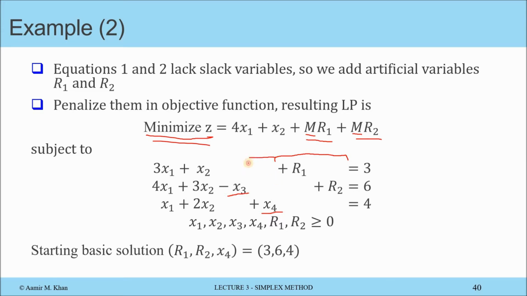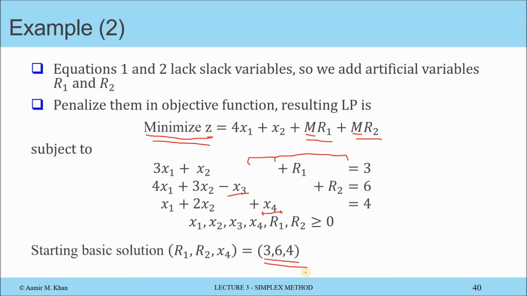So these three, R1, R2 and X4, where X4 is already a slack variable, give us the basic solution, and the starting basic solution is 3, 6 and 4. Is it clear? Pause it and think over it.